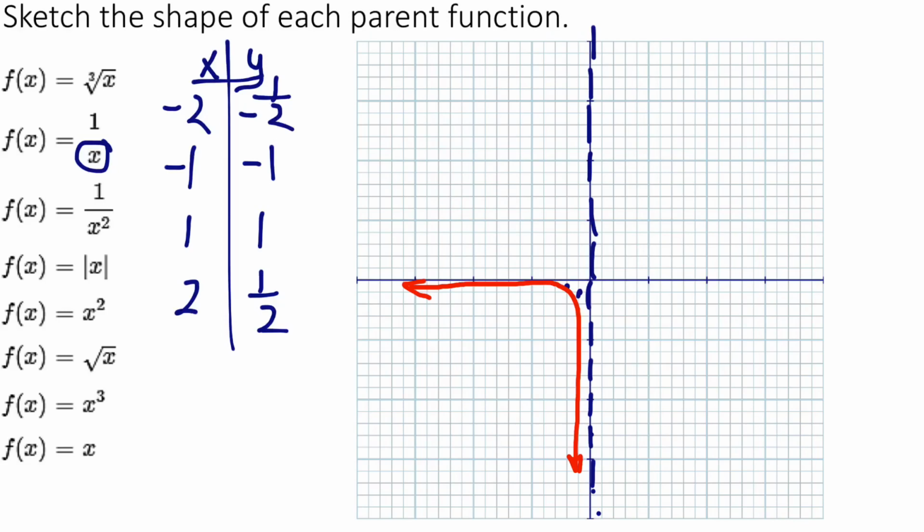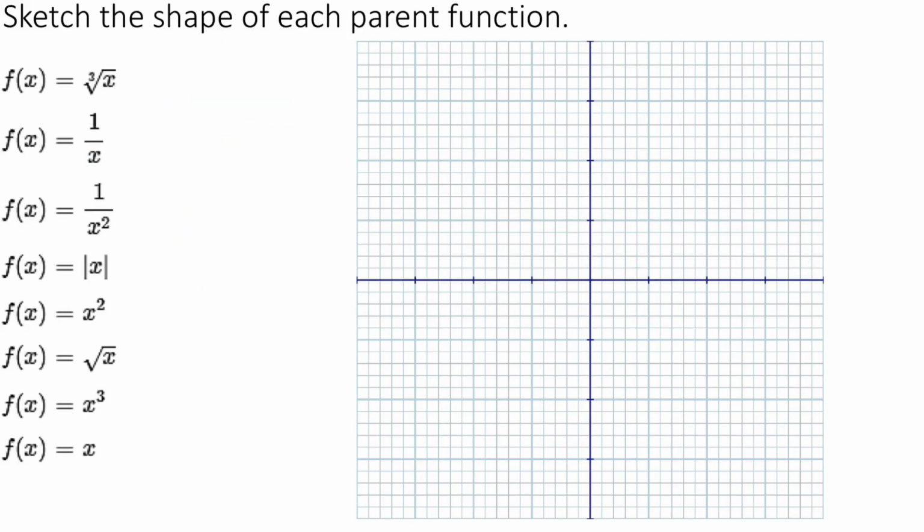Okay, so now on the other side of the vertical asymptote, you've got the point 1, 1 and 2, 1/2. So you're going to approach the horizontal asymptote in this direction and the vertical asymptote in this direction. Okay, so this is the parent function for f of x is equal to 1 over x.